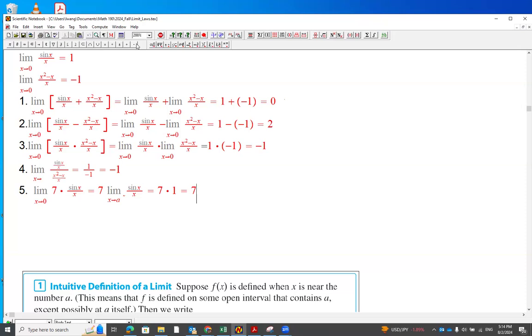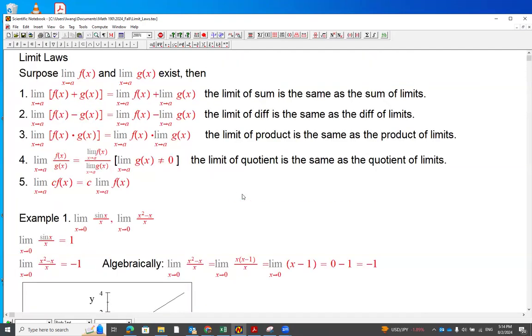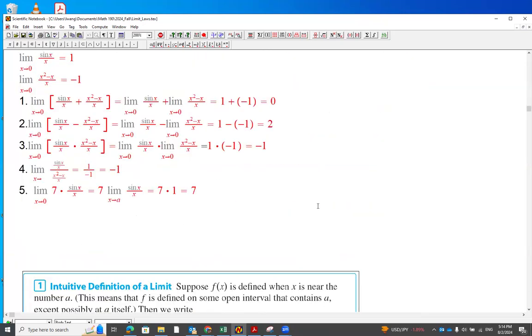So you can see applying limit laws is pretty straightforward, but first things first, before you apply a limit law, you must guarantee each individual limit exists.